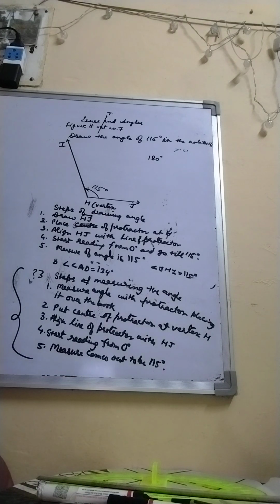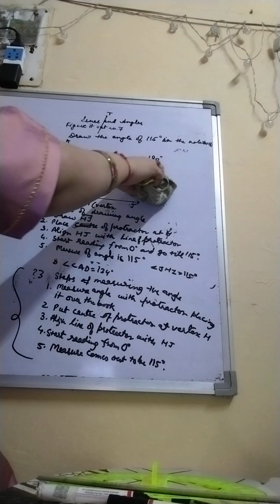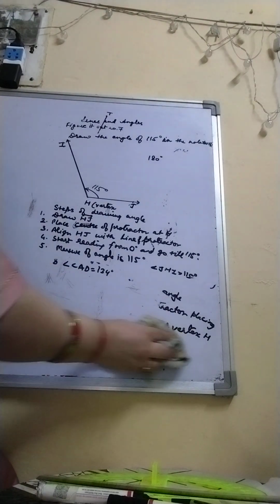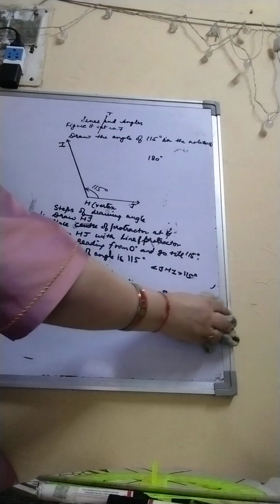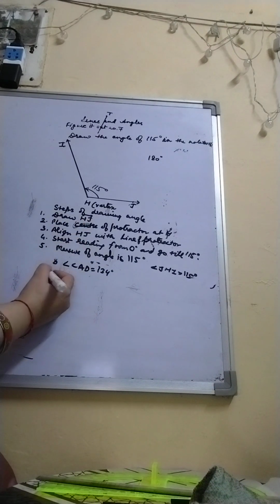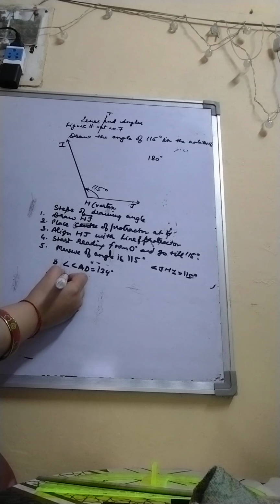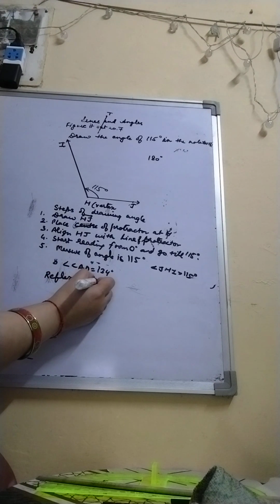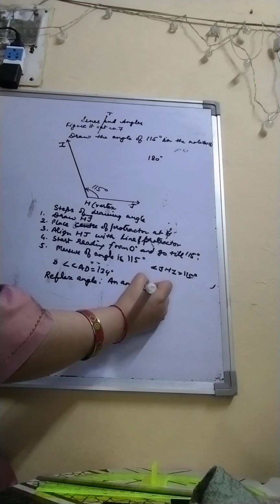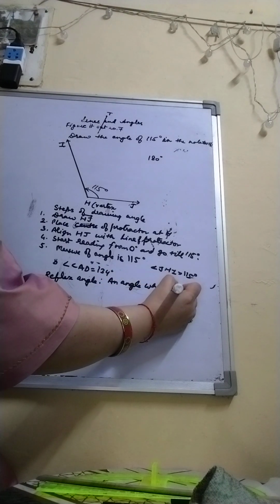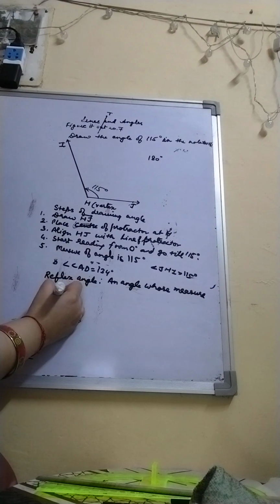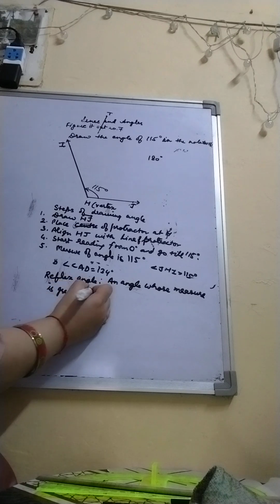The next is reflex angle. What is the definition of reflex angle? An angle whose measure is greater than 180 degree.